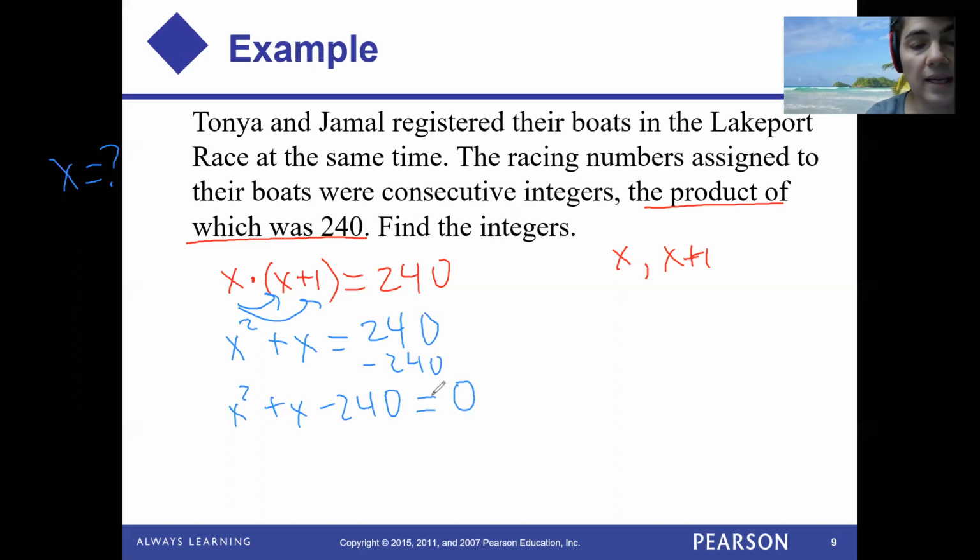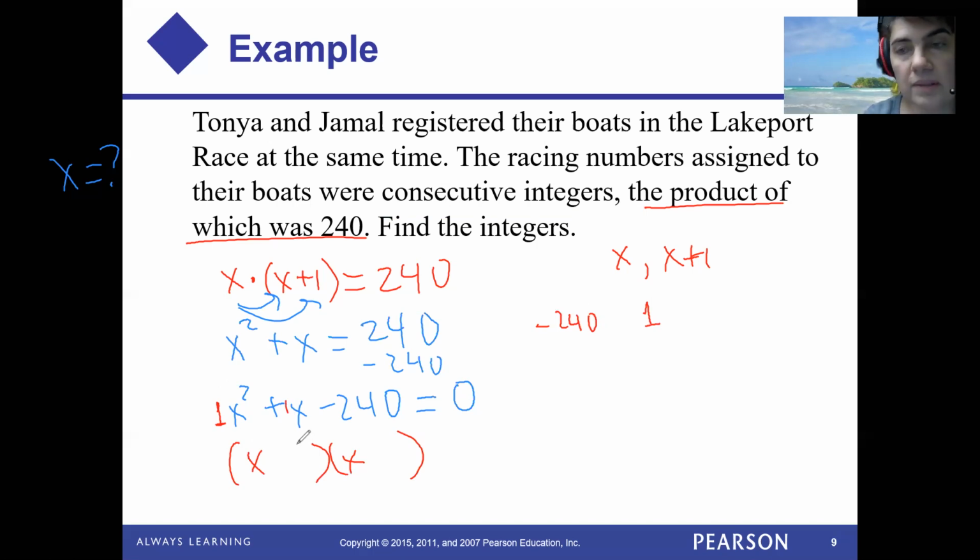Okay. The next part, you can use quadratic formula or factoring to solve it. Here, because the coefficient in front of the x squared is 1, I can factor it the easy way, which is: which two numbers multiply to give you negative 240, okay, and added together give you 1, because the coefficient in front of the x is 1.